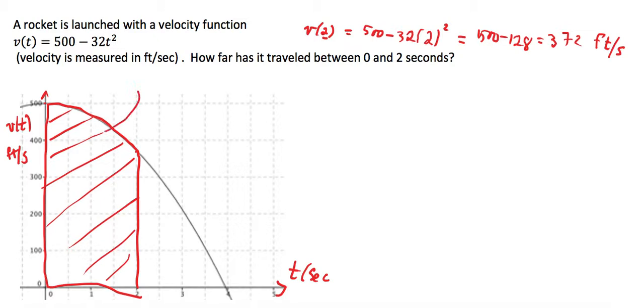Again, this is a weird idea, using an area to describe a distance, but it makes sense in terms of functions because the units of this function are a rate, namely feet per second. So this area represents the distance. It helps us compute the distance that the rocket traveled.